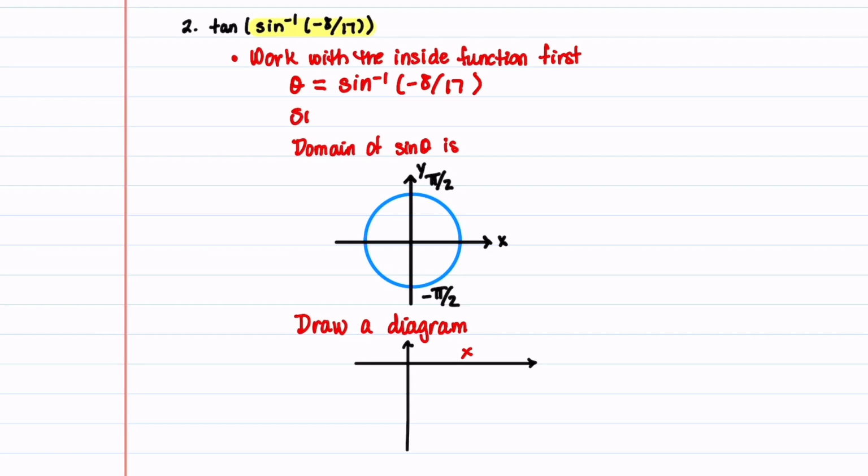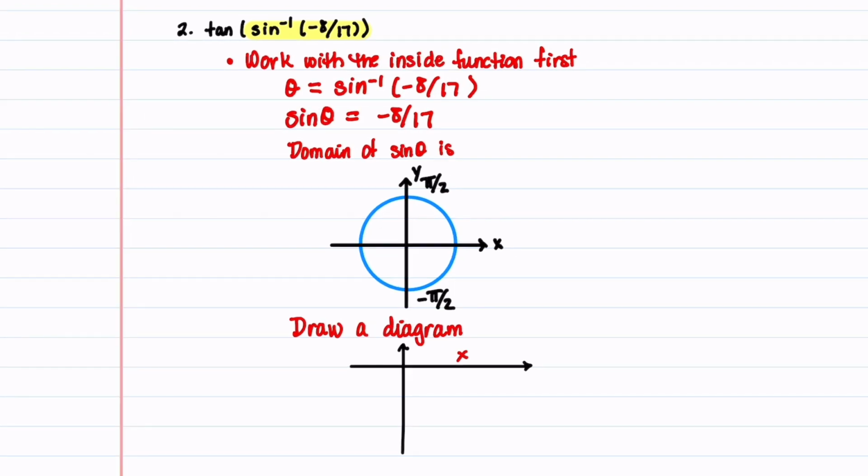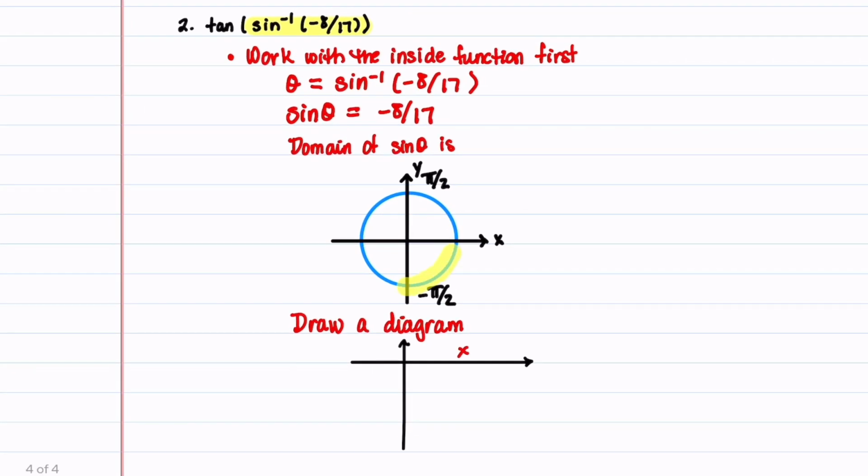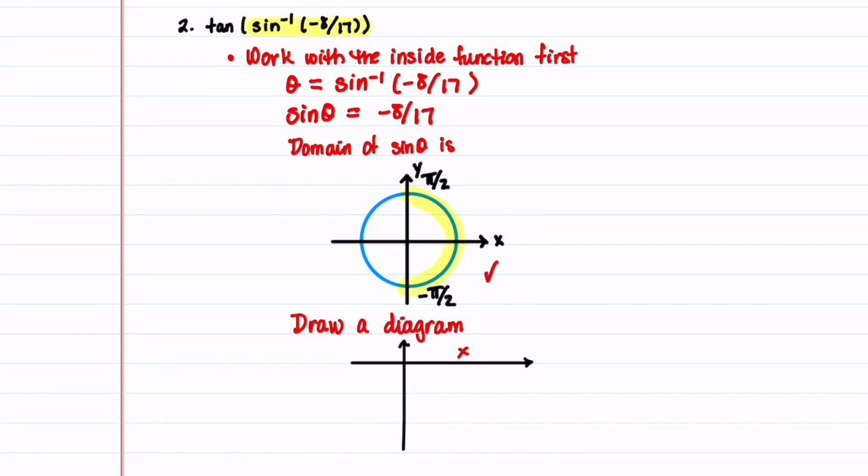This means that sine of theta is equal to -8 over 17, because -8 over 17 is between -1 and 1. We now need to find the quadrant where theta is located. The domain of sine theta is between -pi over 2 and pi over 2. Sine theta is negative, so that means that it must be in quadrant 4.